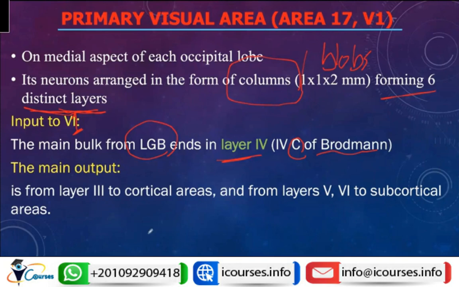The main output is from layer 3, which goes to cortical areas, and from layers 5 and 6 to subcortical areas. So here we have 6 layers in the visual cortex. They receive mainly from the lateral geniculate body through layer 4, and the output will be mainly from layer 3 to cortical areas like the basal ganglia, for example, and from layers 5 and 6 to subcortical areas like the pretectal nucleus.